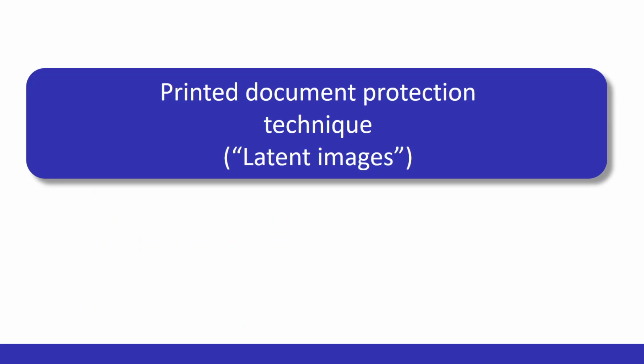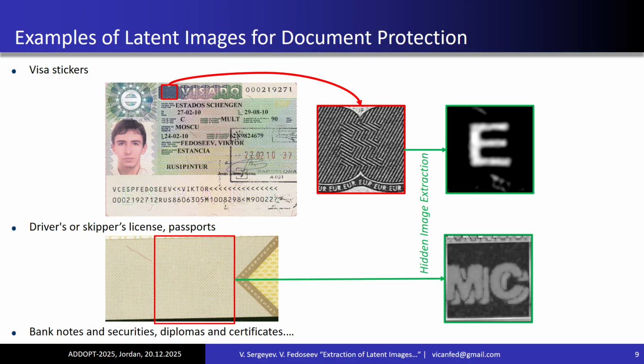So the second section is about printed document protection technique, also known as latent images, which is a prototype of our technique for 3D product protection. Here you can see some examples of printed documents which are visa stickers, drivers and skippers license, passports, and so on.